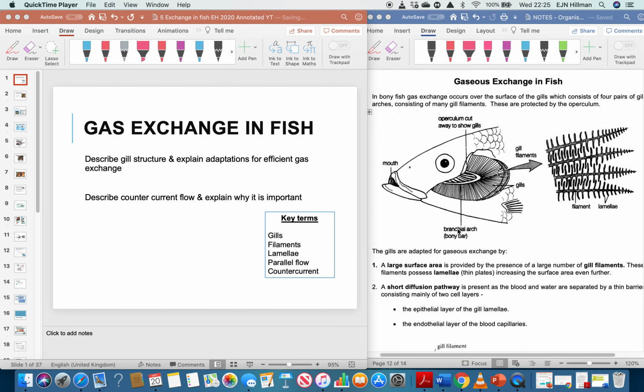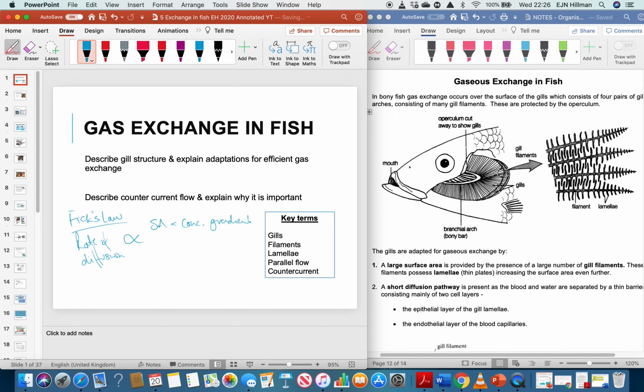Okay, so just before we start, like I did with the insects, it's really important to remember Fick's Law, because all of these gas exchange surfaces depend on the principle stated in Fick's Law, which is that the rate of diffusion is proportional to surface area multiplied by the concentration gradient, or the concentration difference, divided by the distance of diffusion.